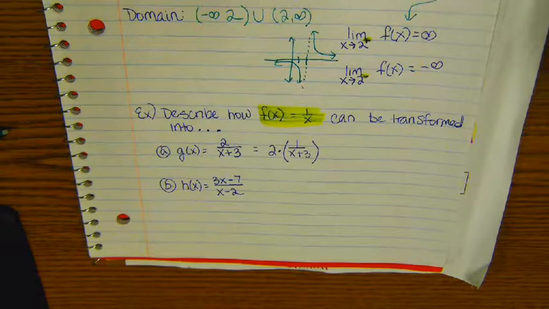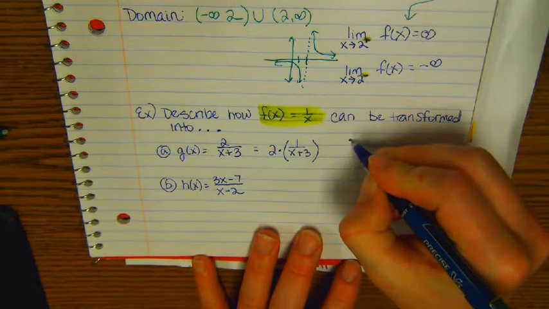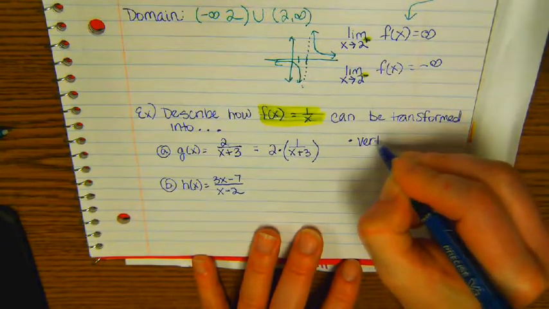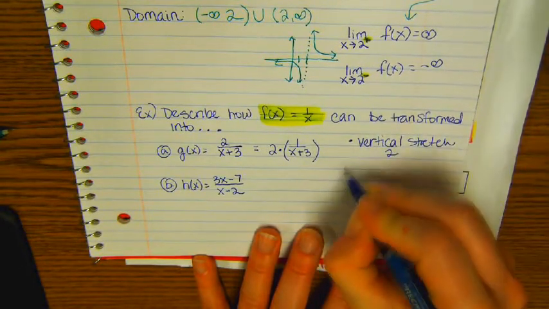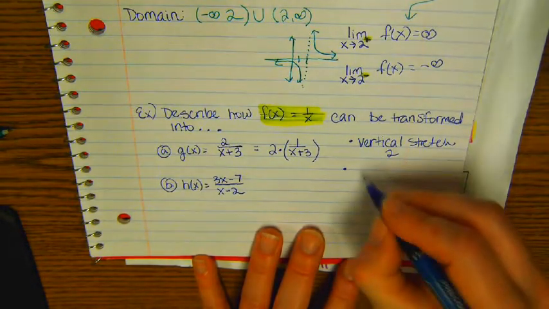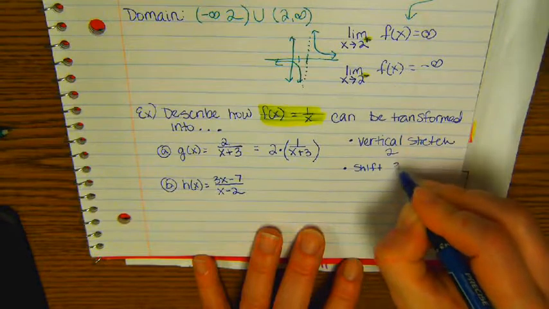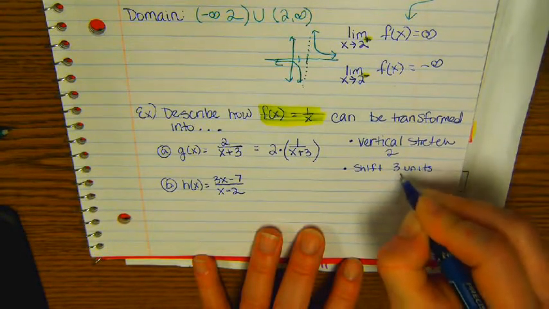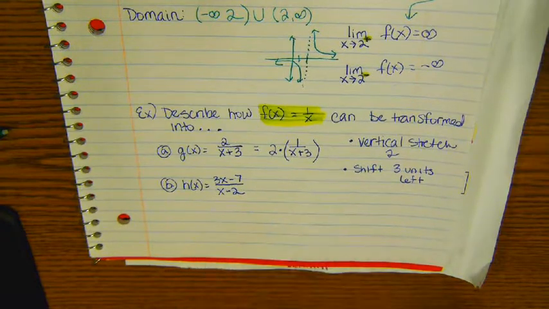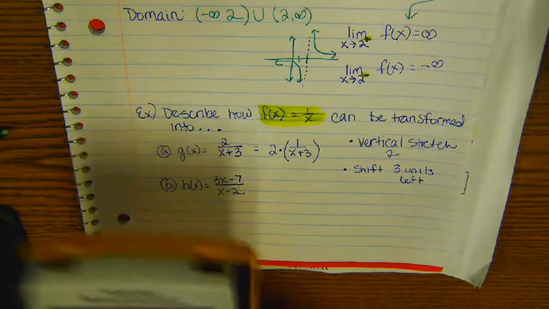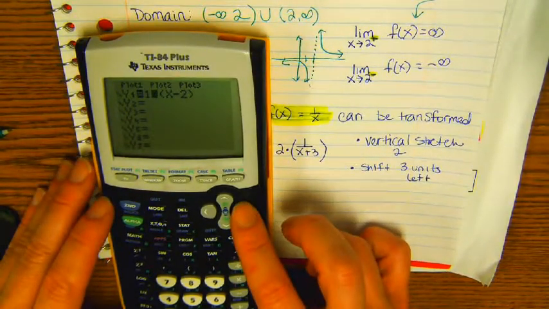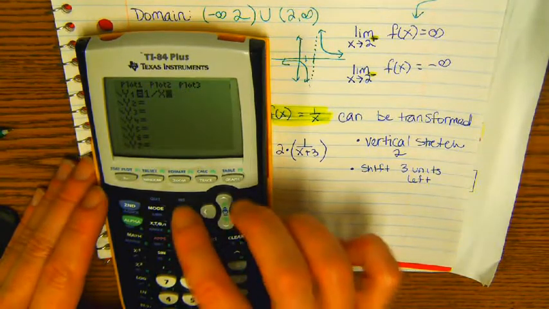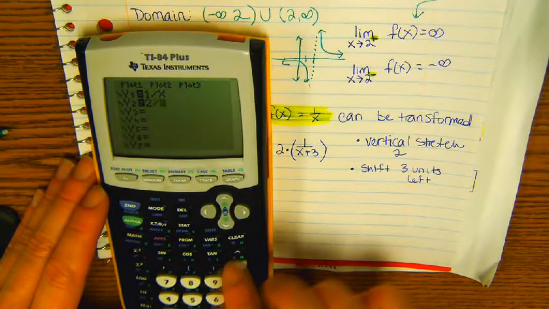So let's write our 2 transformations down. We have a vertical stretch of 2, and then a shift 3 units left. I'm going to just put 1 over x in my y1, and then I'm going to do 2 divided by x plus 3, and hopefully you'll be able to see that.